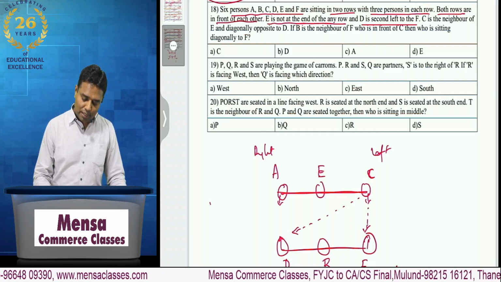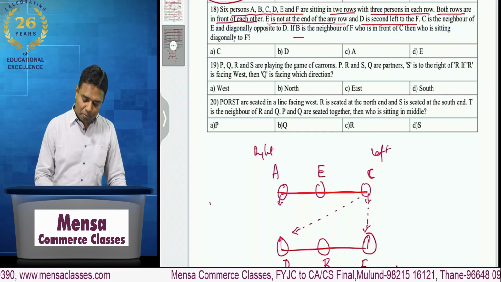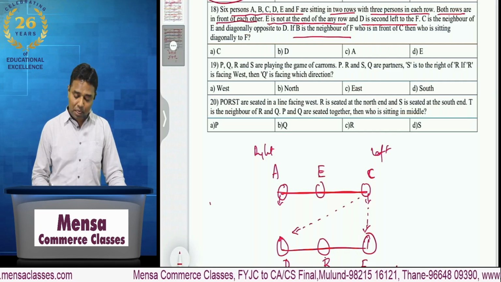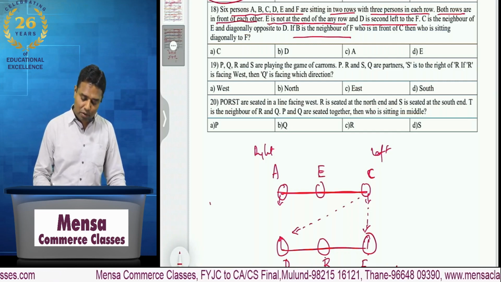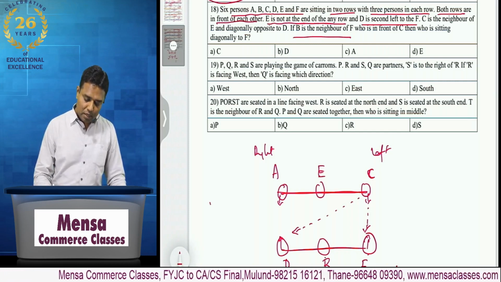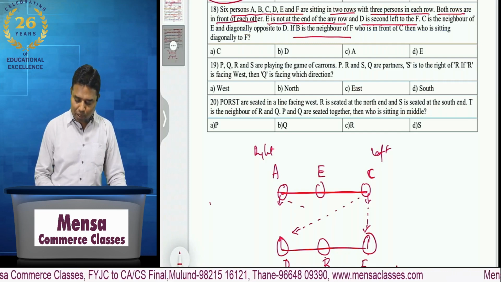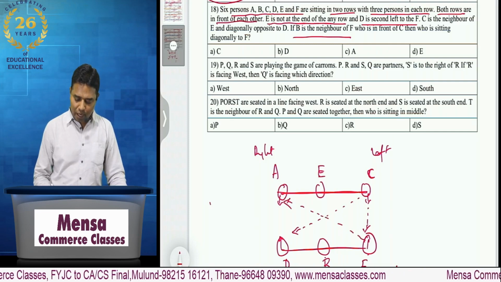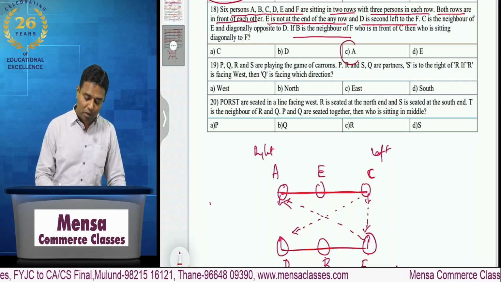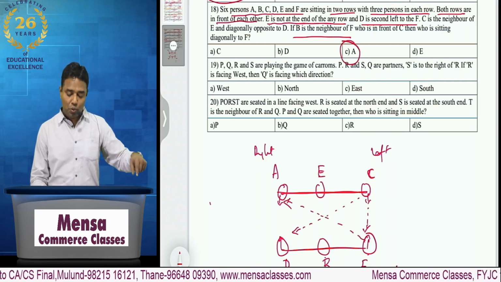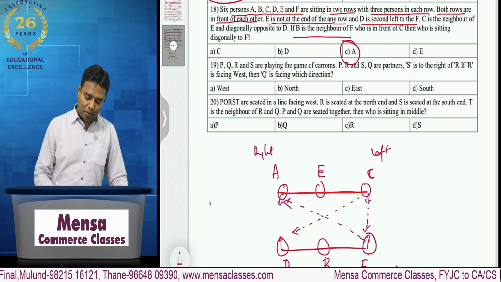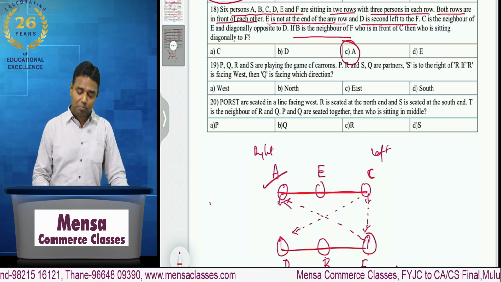B is neighbor of F. Who is sitting in front of C? Then who is sitting diagonally to F? Diagonal to F, if you are seeing here, is A. This is the particular part, right?